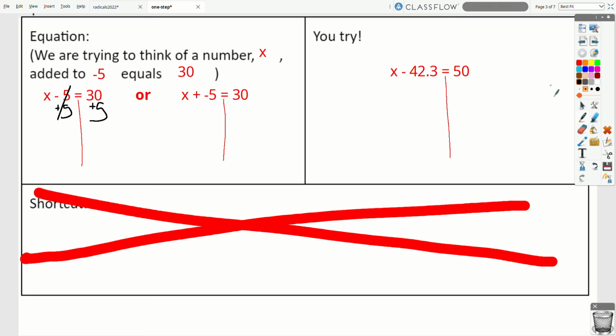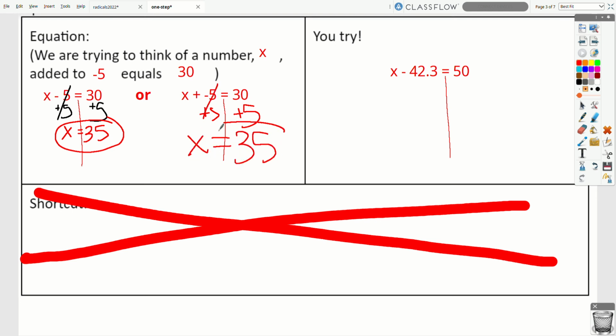We'll cross this out for the shortcut. We bring down the x equals 30 plus 5, which is 35. It's the same thing if you had changed the subtract 5 to adding a negative. Same process: add 5 to both sides. x equals 35. Go ahead and try it here.